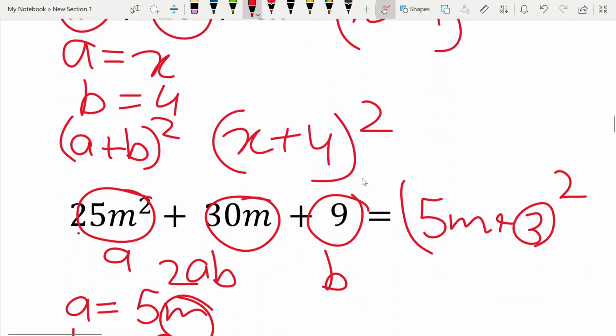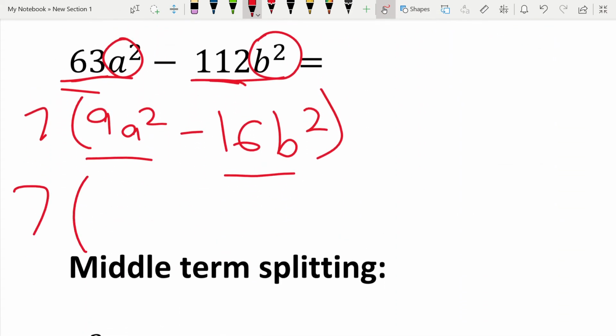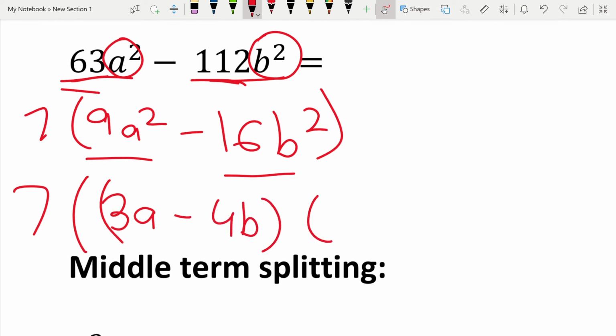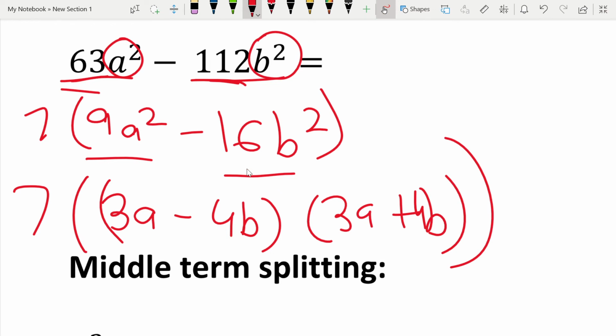We've got 9a square minus 16b square, so it's going to be 3a minus 4b and 3a plus 4b, and that's going to be our answer. Alright, so hope you get that.